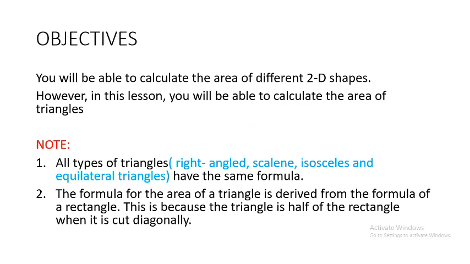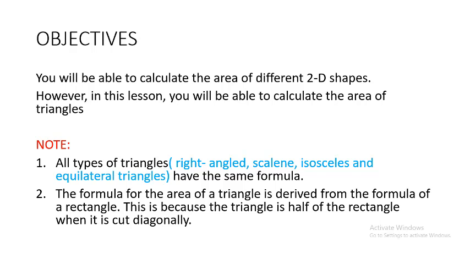In our previous lesson, we learned about the area and perimeter of a rectangle, and after that, we learned how to calculate the area of composite shapes by addition and subtraction.